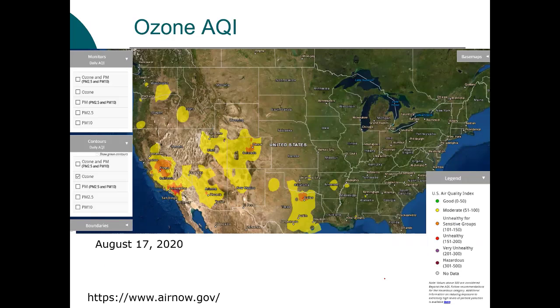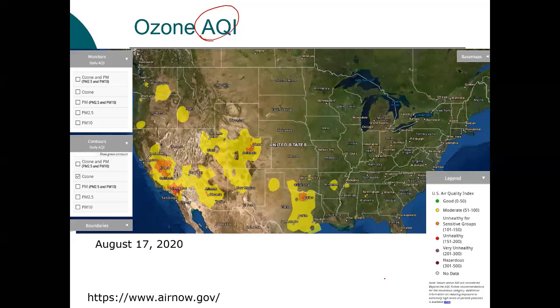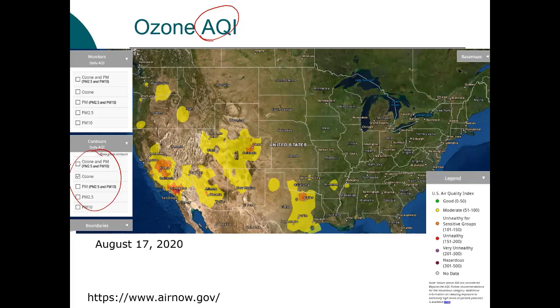This is just one set of data for the ozone air quality index. We use this term air quality index because it allows us to compare the level of pollution across multiple different pollutants. So we can compare, and you can see it here, ozone, PM2.5, and PM10.